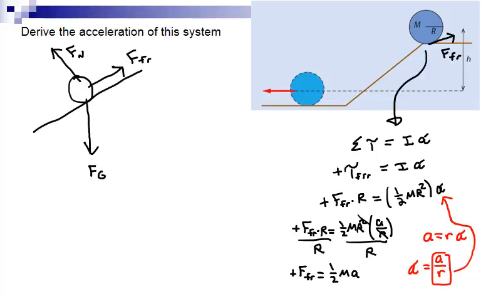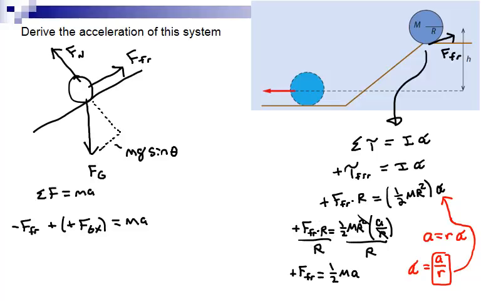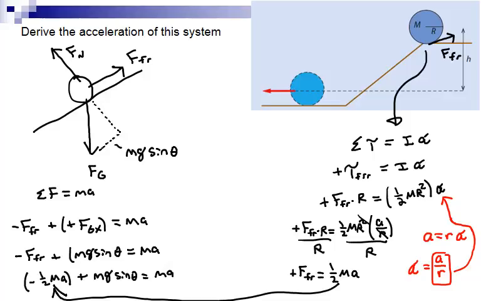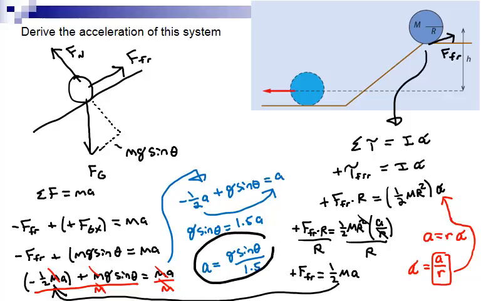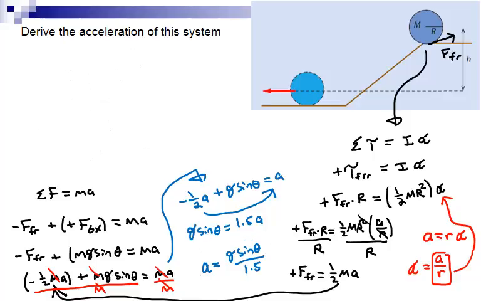And then when we set up our linear, we have mg sine theta as this portion of the force of gravity. We can rearrange the equation so that we can place 1/2 ma in there. Mass will cancel from both sides. We can add the 1/2 acceleration to the other side, and there's our acceleration of the system. And we're good.